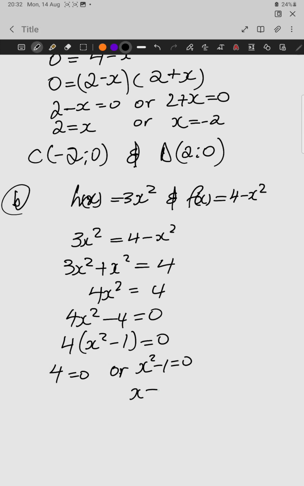Therefore x squared is equal to 1. Then we take the square root of both sides, so x is plus or minus 1. In fact, that means one x is positive and the other must be negative.